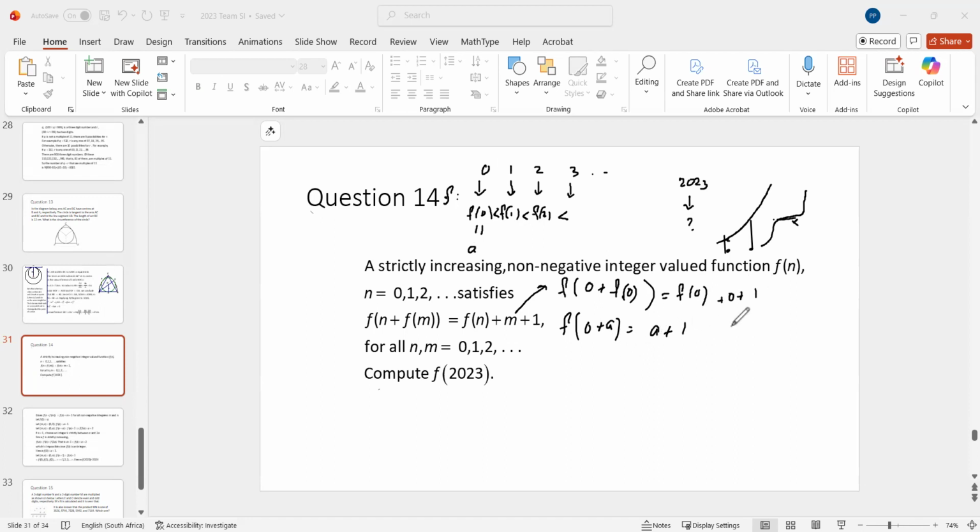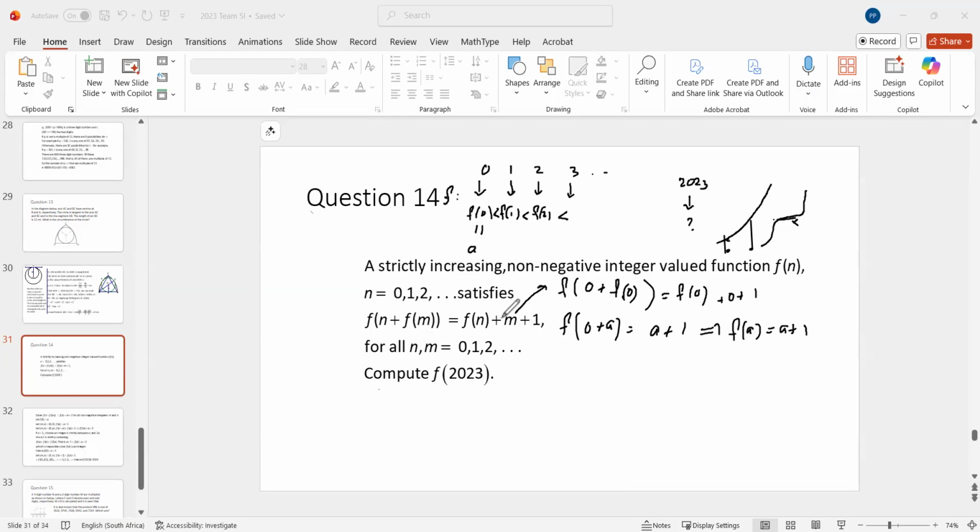And 0 plus a is a, so we get f(a). Now that is very much more manageable: f(a) is a plus 1. So wherever a is, we know the value of f(a) is one more, a plus 1. We don't know the others. So this is a useful equation.